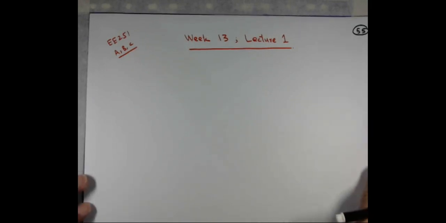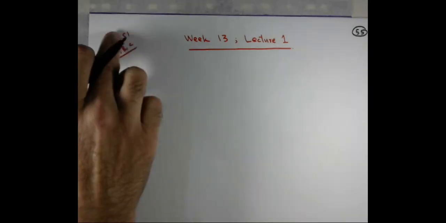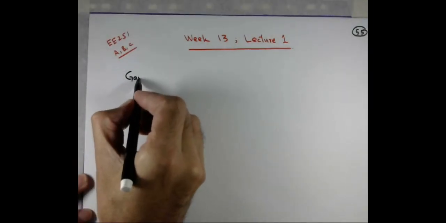Now in today's lecture we'll discuss the third and perhaps the most important of the random variables in this course, and that is the Gaussian random variable.